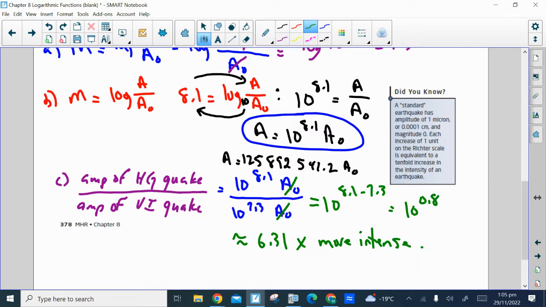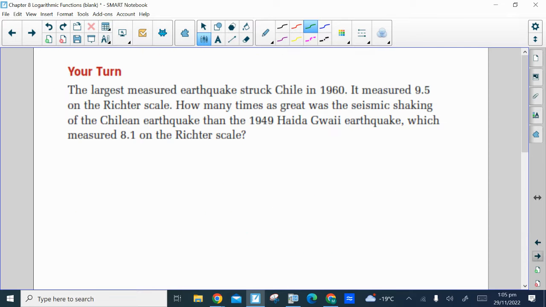Okay? And on the next page, the largest measured earthquake struck Chile in 1960. It measured 9.5 on the Richter scale. How many times as great was the seismic shaking of the Chilean earthquake compared to the 1949 Haida Gwaii earthquake, which measured 8.1 on the Richter scale?